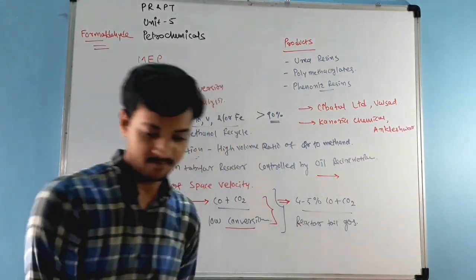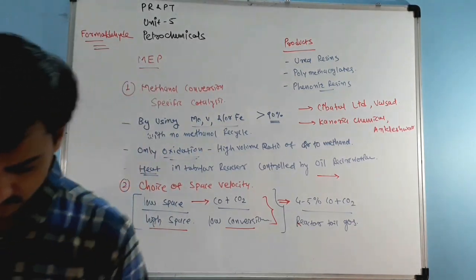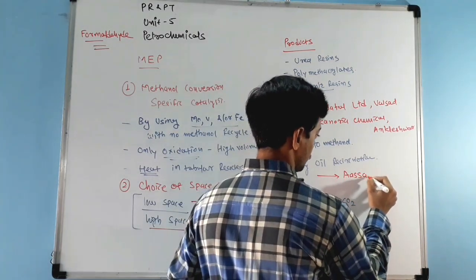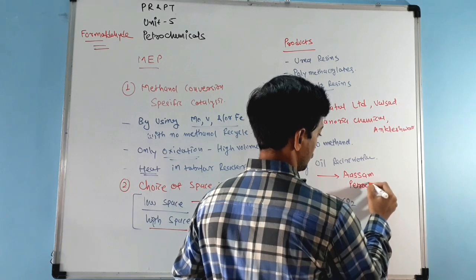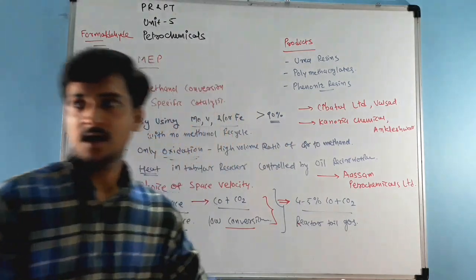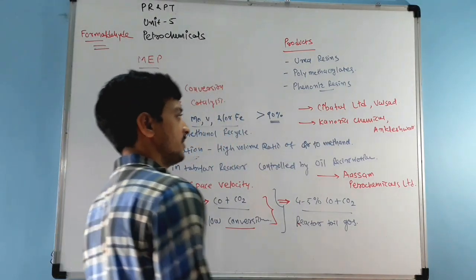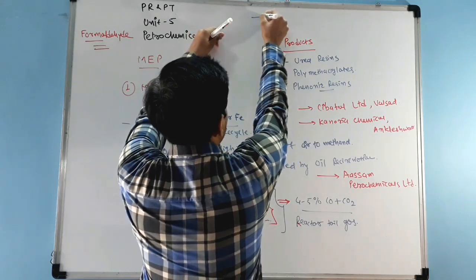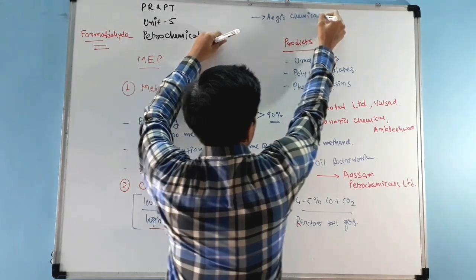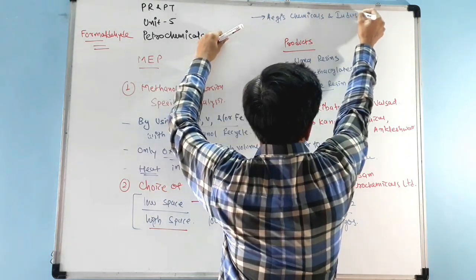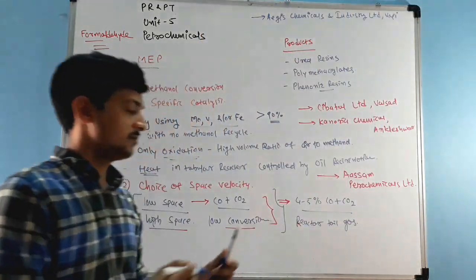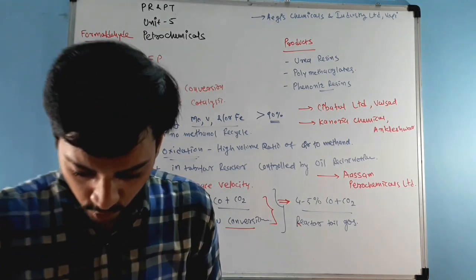Then in Assam, Assam Petrochemicals Limited. Aegis Chemicals and Industries Limited, FAPI. These are the companies.